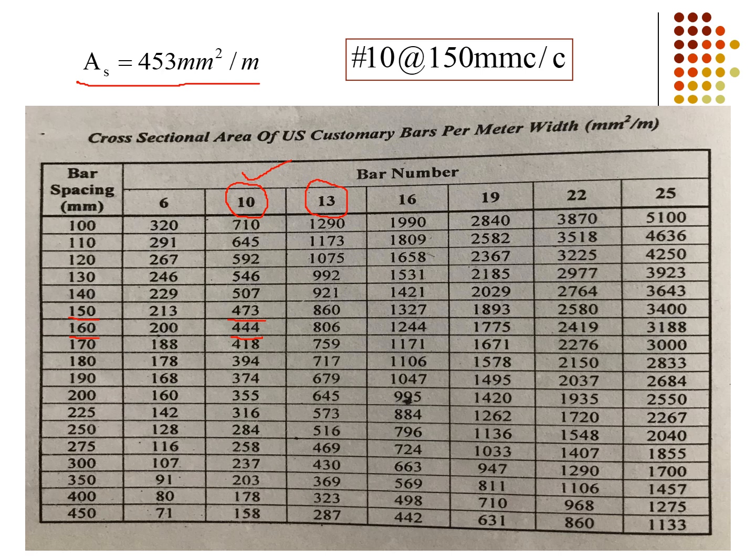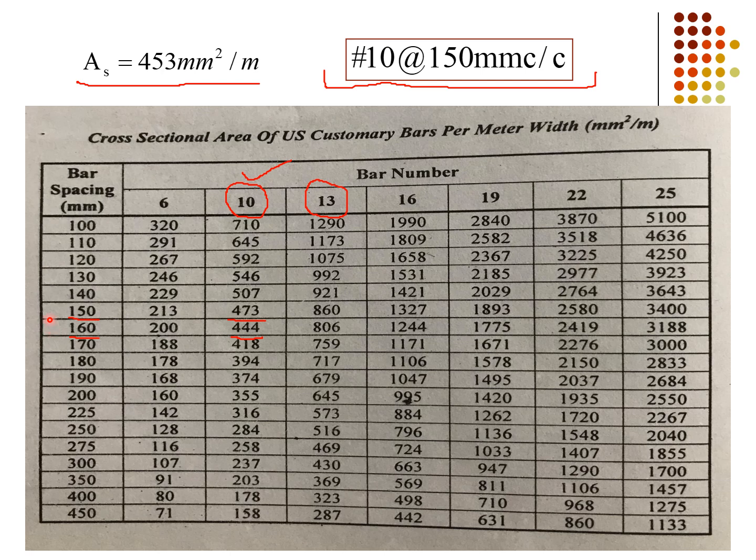For this example, to be on the conservative side, I will consider 473, and corresponding to that I have a spacing equal to 150 millimeters. So I can choose number 10 at the rate of 150 millimeter center to center. Further, I can also interpolate between these two values, 444 and 473 millimeter, to get the spacing between 150 and 160 millimeter in order to be more exact.